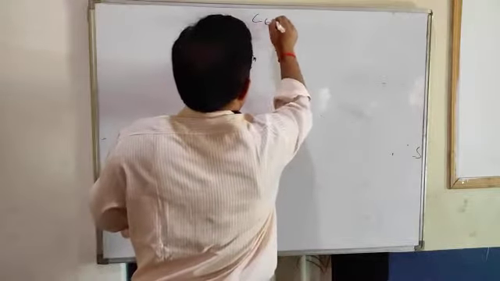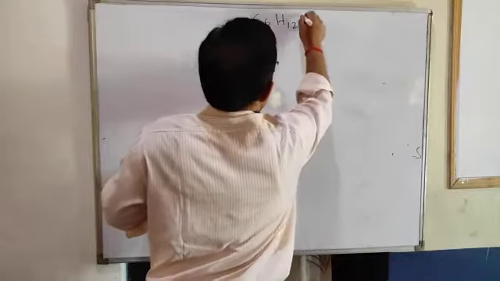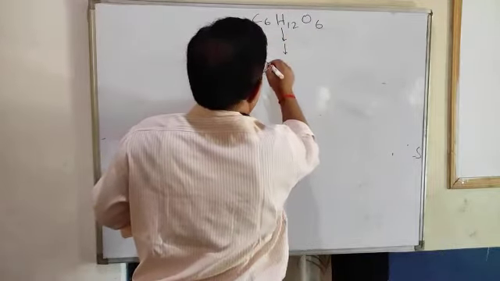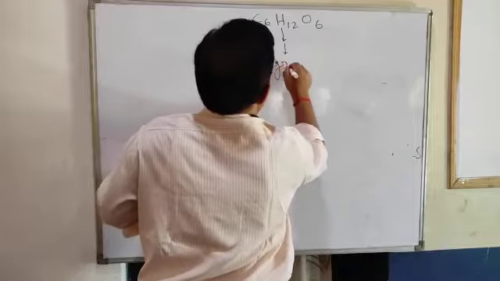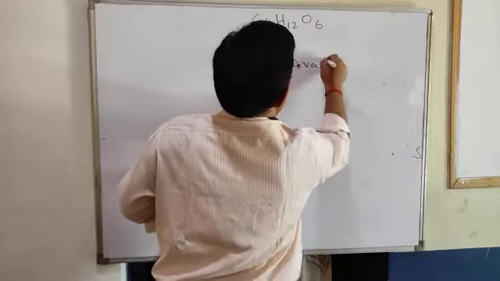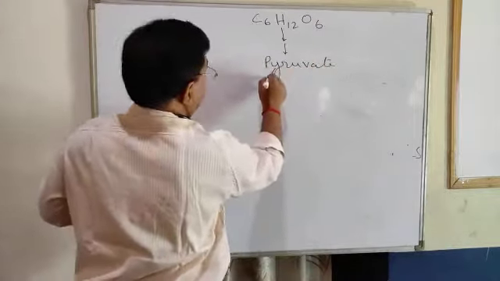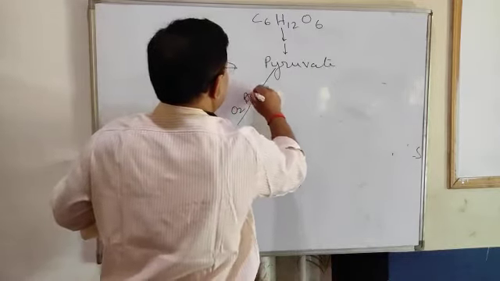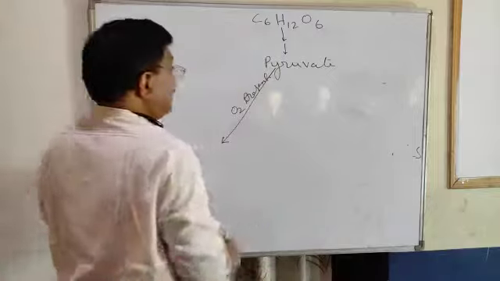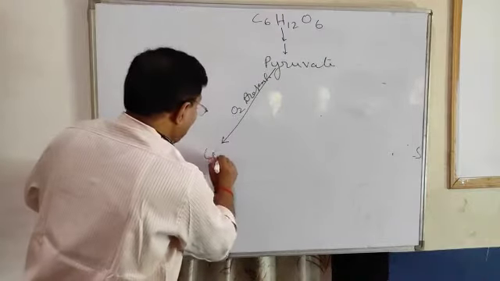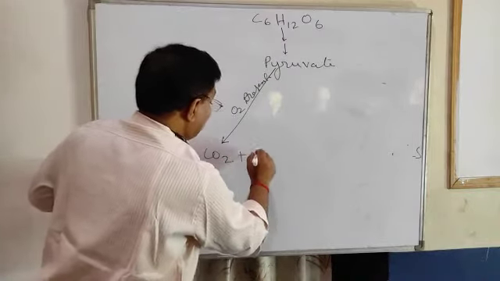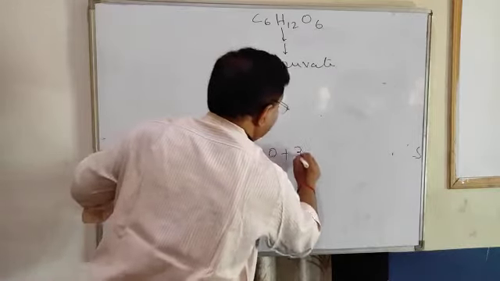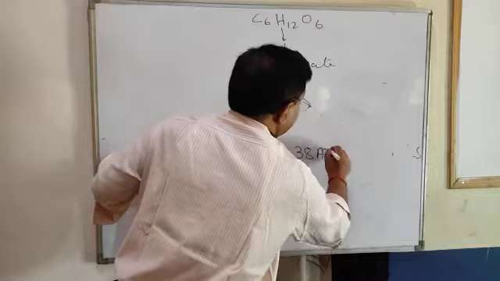Once more, let me discuss. Glucose, C6H12O6, and the first main step is the pyruvate or pyruvic acid. And if oxygen is available, O2 present, then this will turn to carbon dioxide, water vapor, and 38 ATP energy.